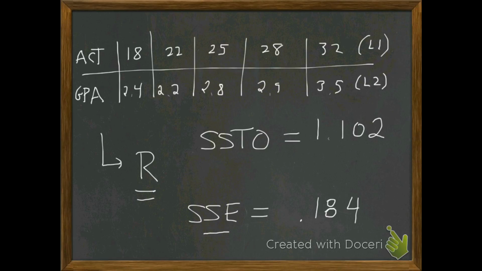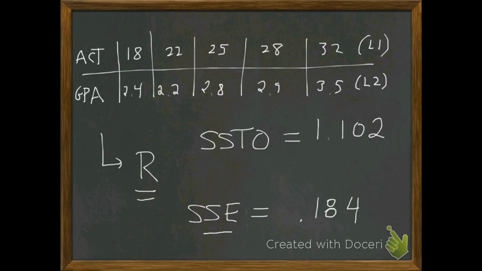If I want the sum of squares for the error, I just run the residuals, put them in a list and square each one, store it in another list, and sum those up. So not a lot going on here.